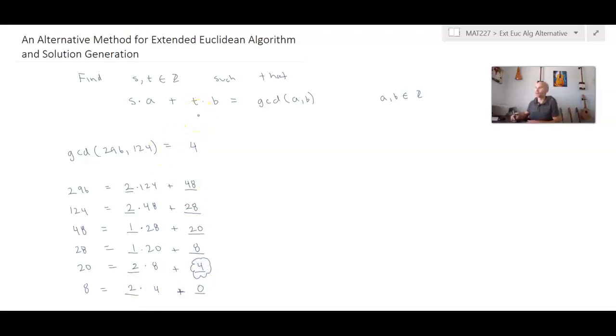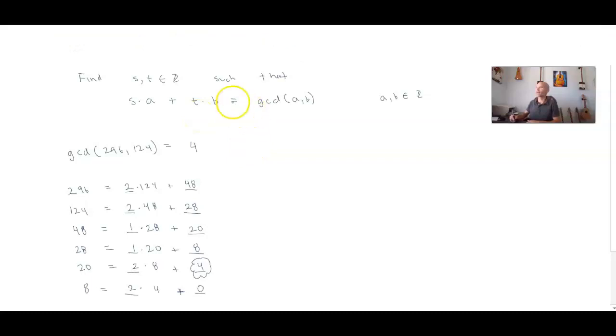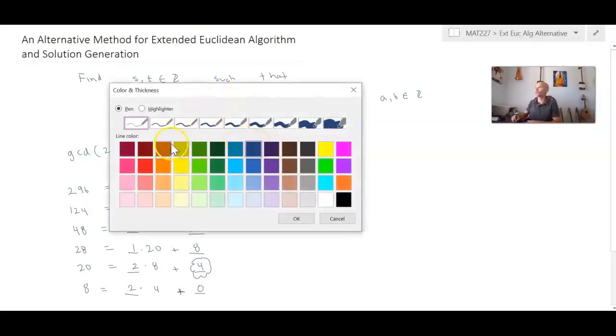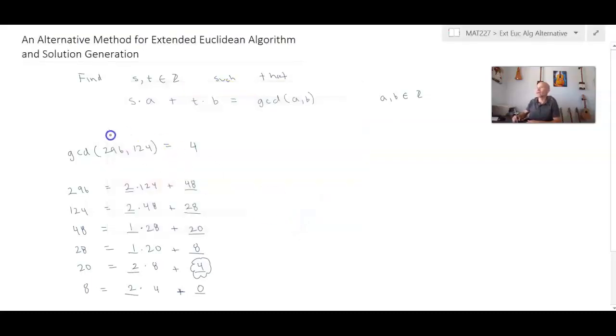All right, now at this point, I know that 296 and 124 are my A and B. So what I'm going to do is I'm actually going to reference these values as A and B. And in fact, if you look at the first equation here, this one suggests that A is equal to 2 times B plus 48.